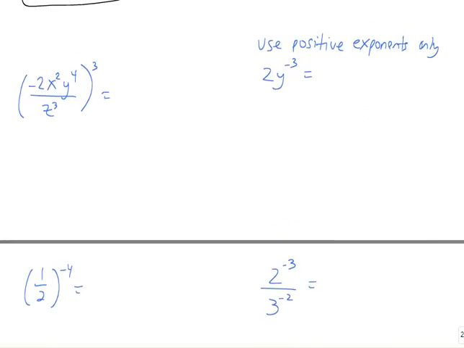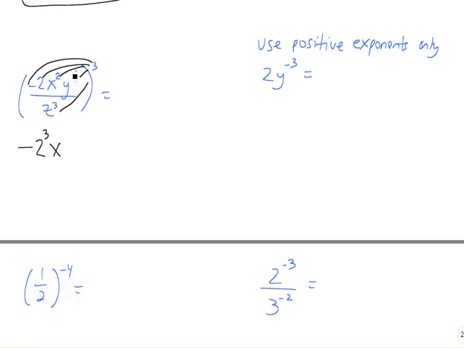Okay, next example, same thing. We're going to distribute this 3rd power to this quotient. Make sure you distribute it to the negative, the 2, the x, the y, and the z. So a negative raised to an odd power is going to stay negative. 2 raised to the 3rd, for now I'm just going to leave that as 2 to the 3rd.